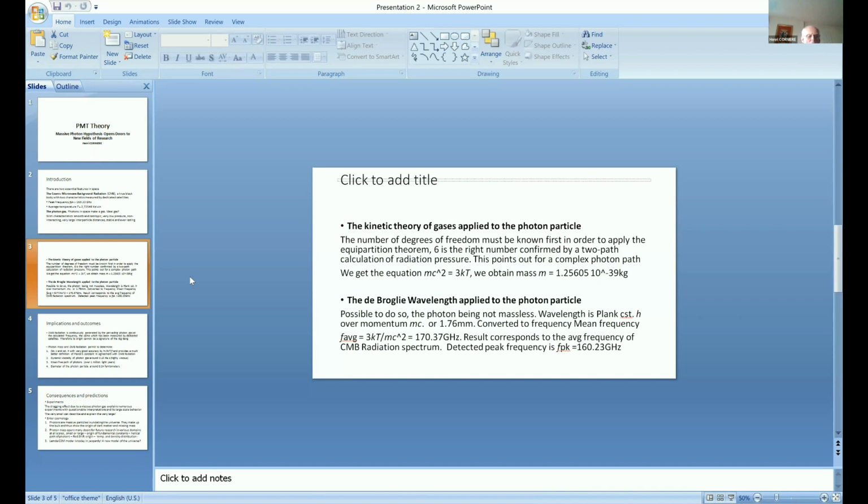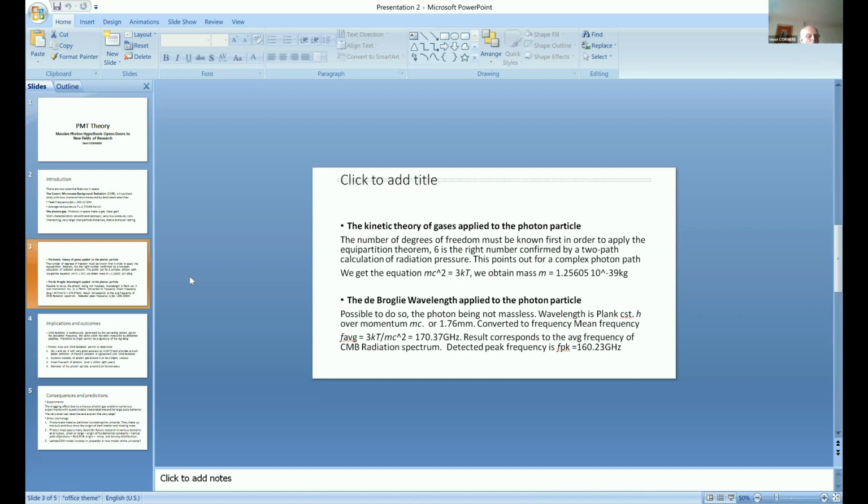We can now go to the de Broglie wavelength associated with the photon, because we know the mass now, and we can apply the de Broglie wavelength. Physicist Louis de Broglie had a great insight exactly 100 years ago.